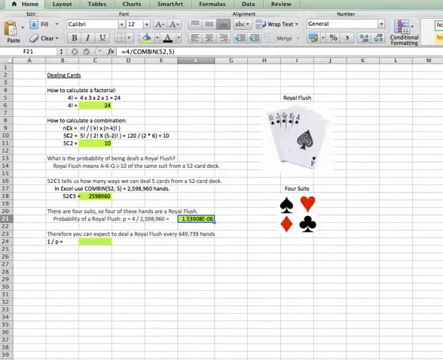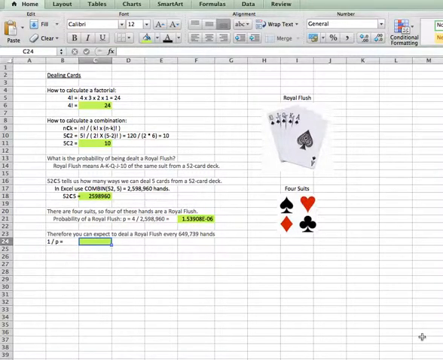I often find it easier to view these small probabilities as a reciprocal. And that means that you can expect to deal a royal flush every 649,739 hands, which is 1 over this probability.